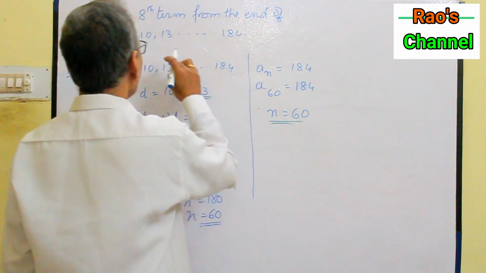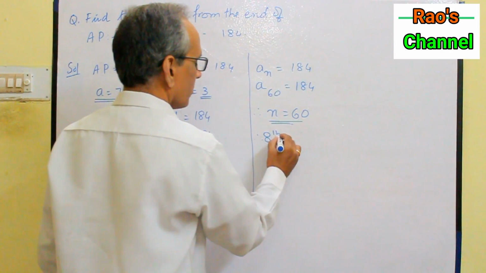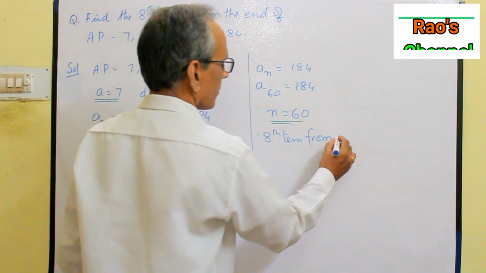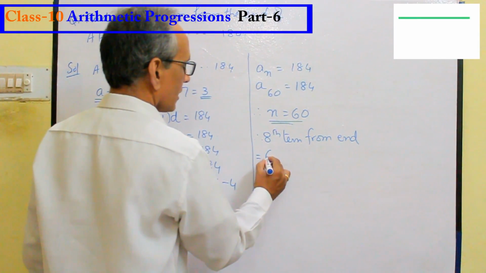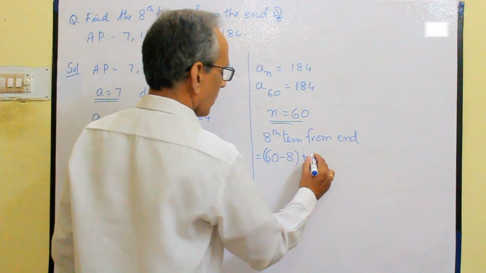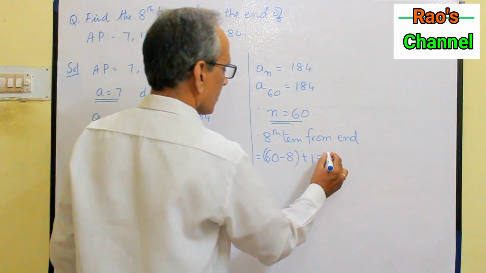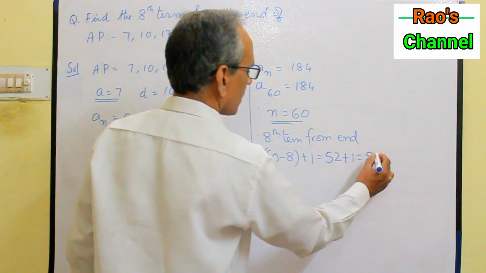Now the eighth term from the end is equal to 60 minus 8 plus 1, that is 52 plus 1, that is the 53rd term.